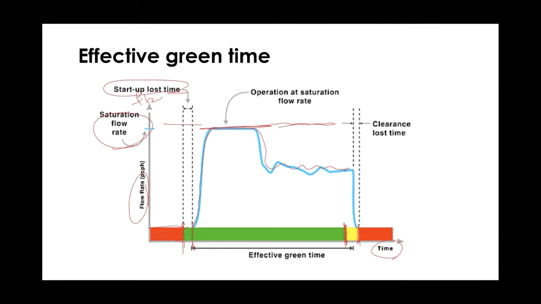So we can see that suddenly the flow starts dropping before the red light appears, right? So we also have this small clearance lost time at the end. And therefore, again, if I write it again, g plus startup lost time plus clearance lost time gives me the capital G, or the nominal green time.